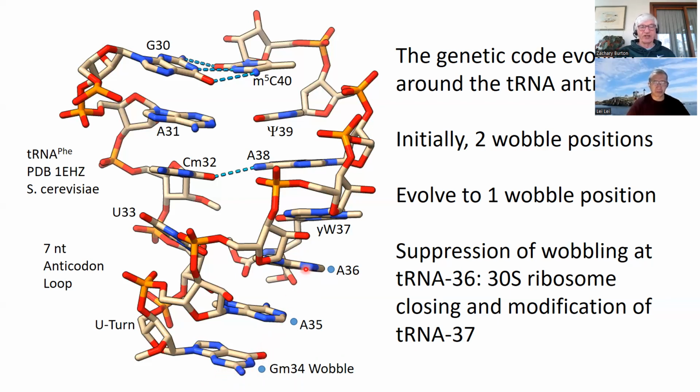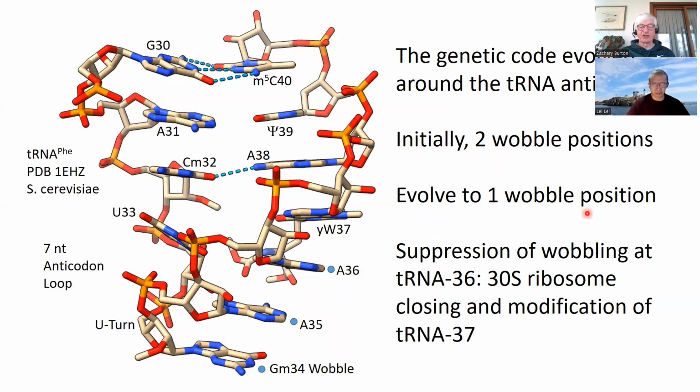But in fact, we have 20 amino acids plus stops. So we got cheated out of a few amino acids. That has to do with degeneracy and genetic coding. So the genetic code evolved around the tRNA anticodon, these three nucleotides here. Initially, there were two wobble positions, that's 36 and 34. Both of these were wobbles.